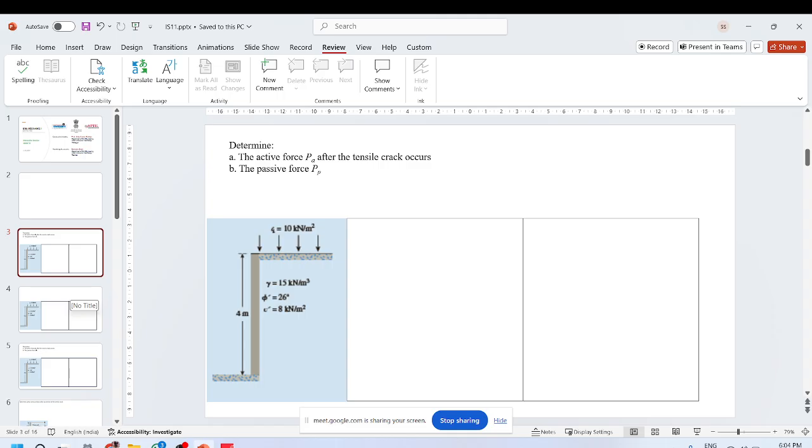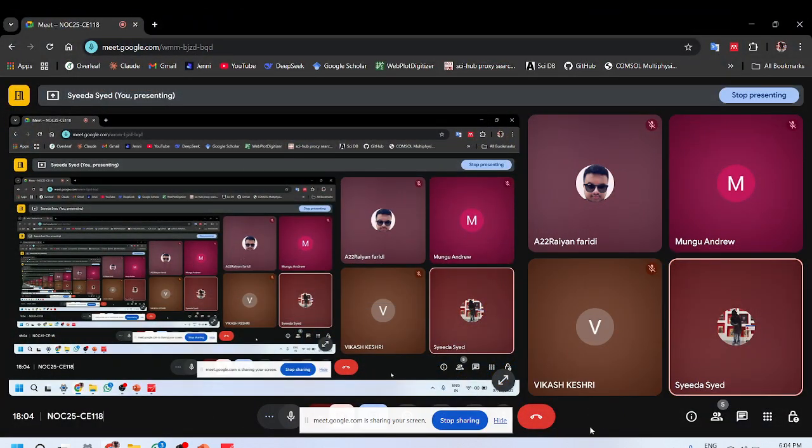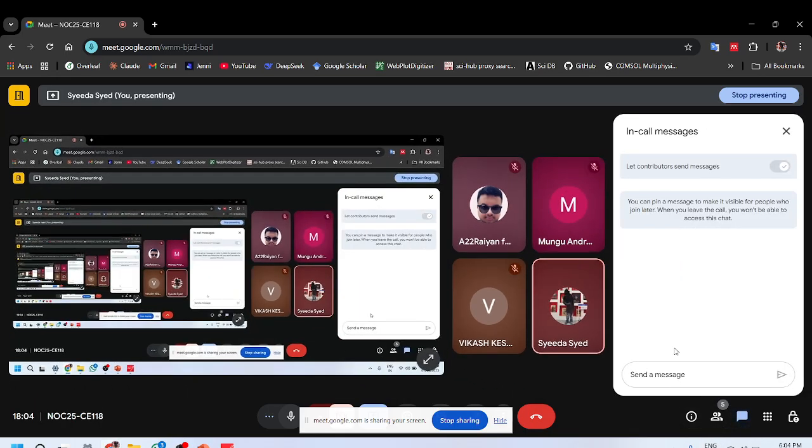That would be better. You can mention in the chat, or you can open your microphone and mention. Should we discuss the theory on slope stability first, or should we go for the questions on retaining wall first?